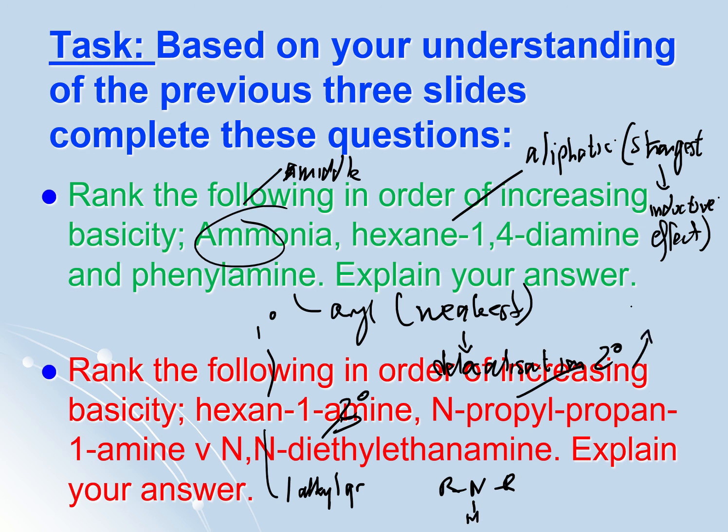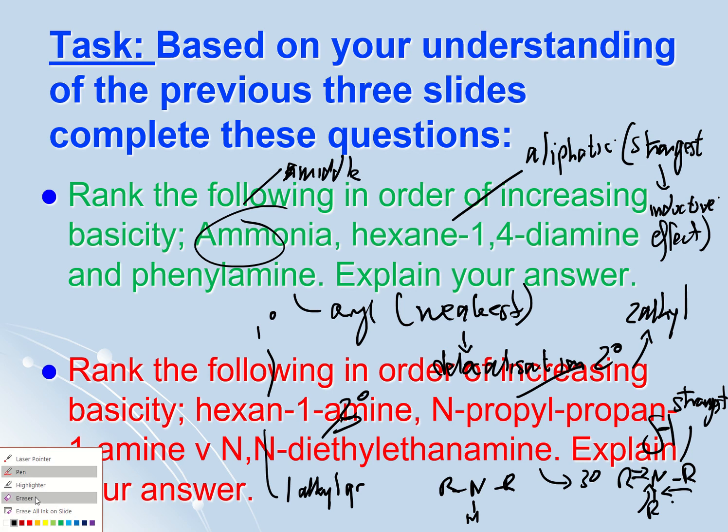And the tertiary one has three alkyl groups. So the strongest base is the tertiary, because it has the inductive effect coming from there, there and there. So you have a really delta negative nitrogen.